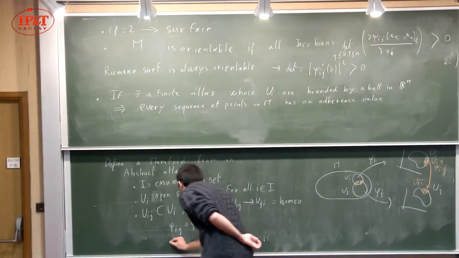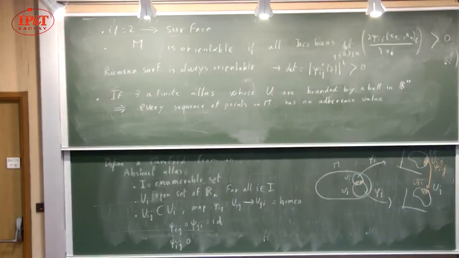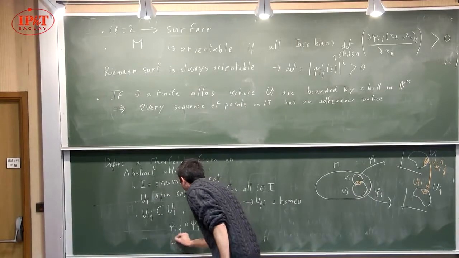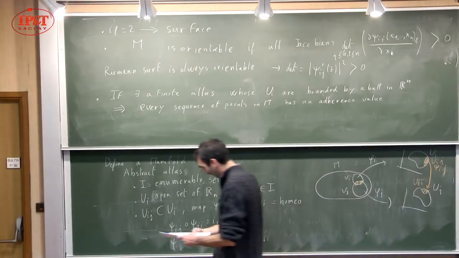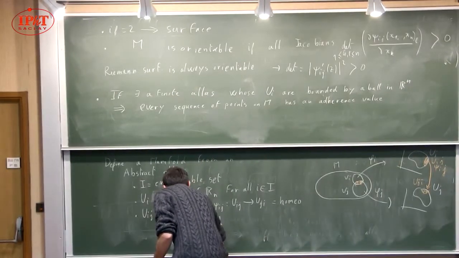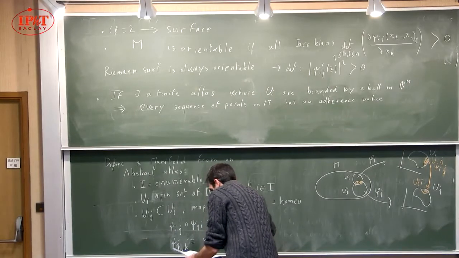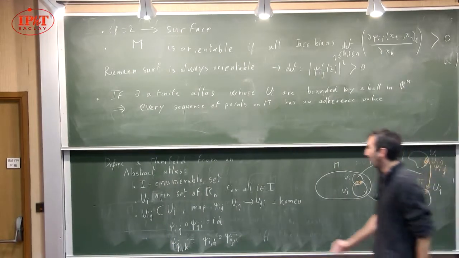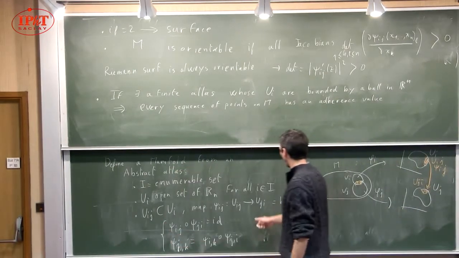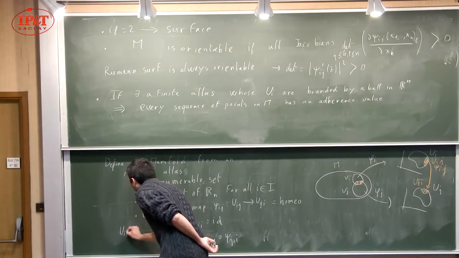I want to require that psi jk psi ij equals psi ik, whenever you are on the desired domains of definition. And I want to require something else: I will define Uii equals Ui.